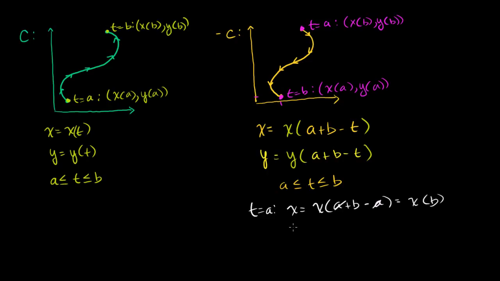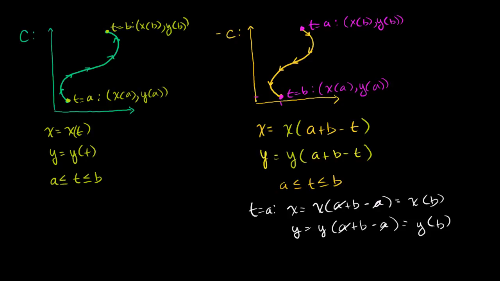Similarly, when t is equal to a, y will be equal to y of a plus b minus a. The a's cancel out. So it's equal to y of b. So that worked. When t is equal to a, my parametrization evaluates to the coordinate x of b, y of b.